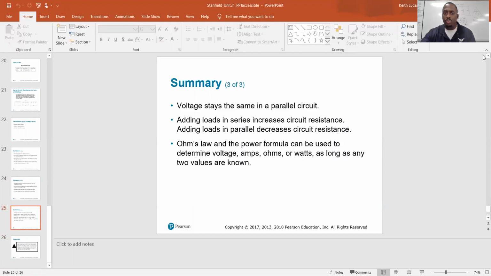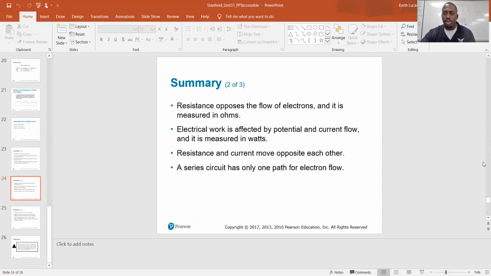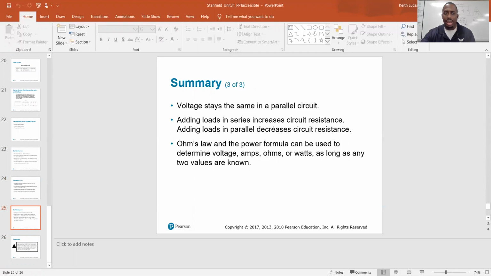Just want to go back to one thing real quick. So it says adding loads in series increases circuit resistance, and adding loads in parallel decreases circuit resistance. The reason for that is I like to imagine cars on a freeway.